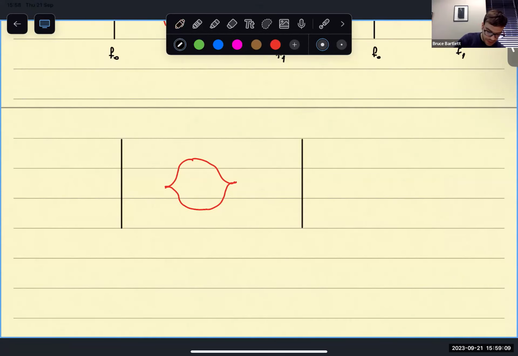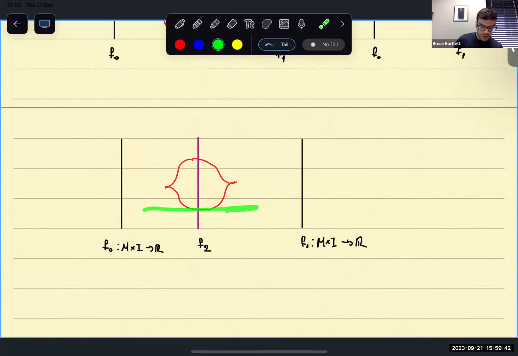So this here is F0, M cross I to R, F1, M cross I to R. And I'll also tell you to keep track of F2, which is an intermediate Morse function. So this is a potential surf graphic.